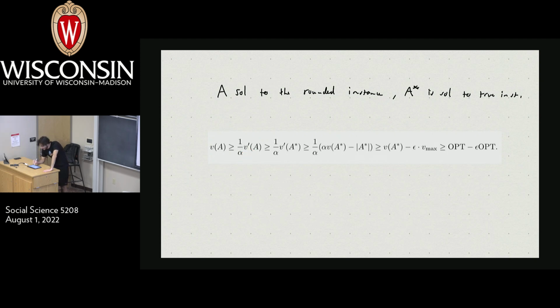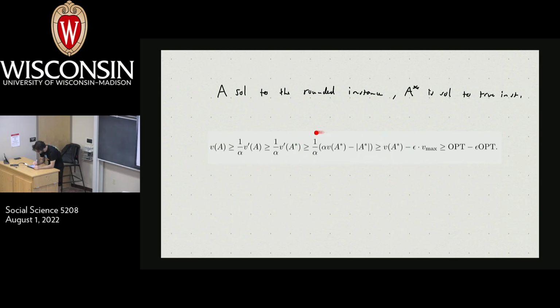Now, because A is the optimal solution to V prime, this is at least the solution A star of V prime. So the true solution for the original problem is also a solution to the rounded problem, but it's not necessarily optimal, and so it could have smaller value. Okay?